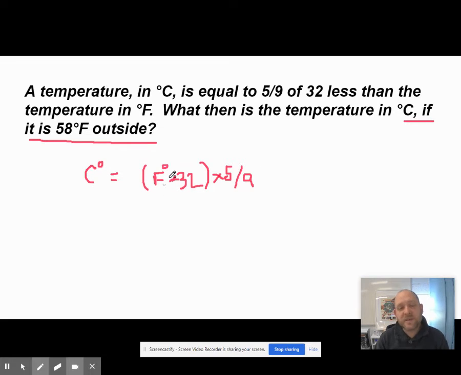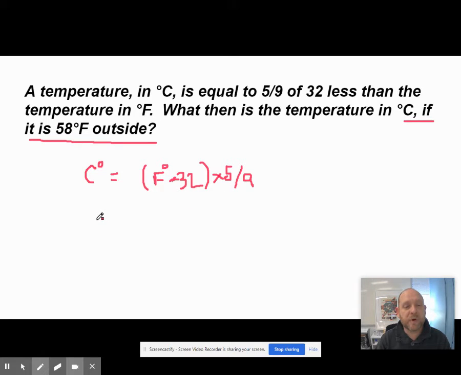There we go. So this part is my expression, and in my expression, my variable is going to be my degrees Fahrenheit. That's what I don't necessarily know each time. But I do know it in this particular situation, so I'm going to take my known degrees Fahrenheit, which is 58, and plug it into my equation.